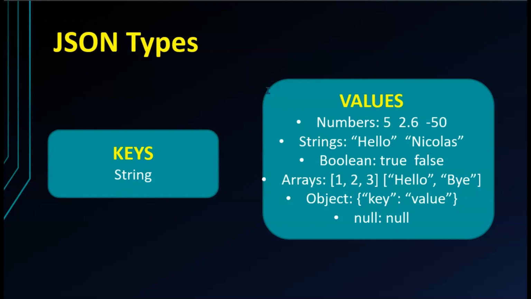We can use strings with a lot of text, a boolean that can be true or false, arrays that can be arrays of numbers or arrays of strings, an object that is made of a key and a value, and null, that means nothing.